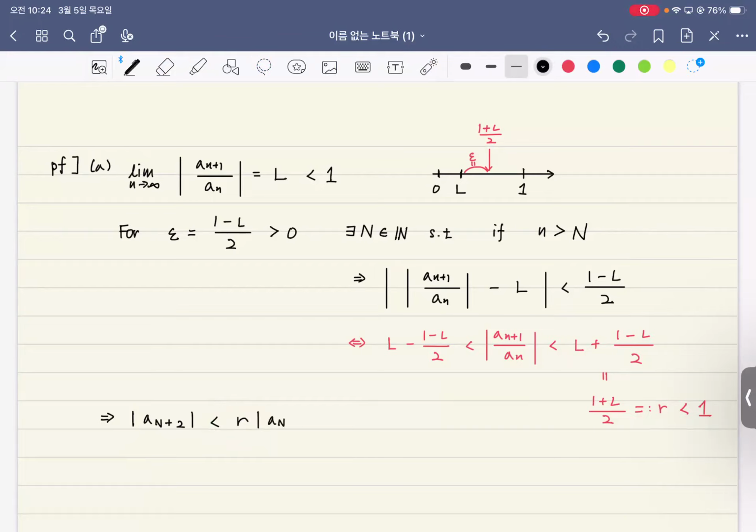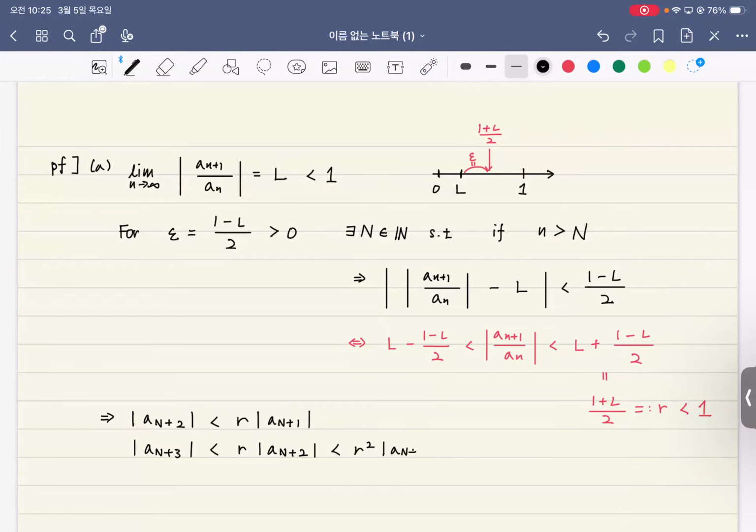Okay. And a_{N+3} is likewise less than R times a_{N+2}. But since a_{N+2} is known to be less than R times a_{N+1}, this is R squared times a_{N+1}.